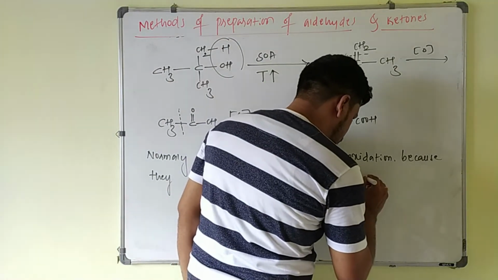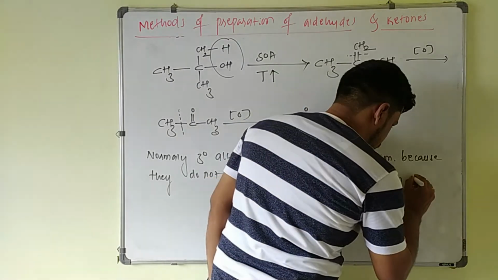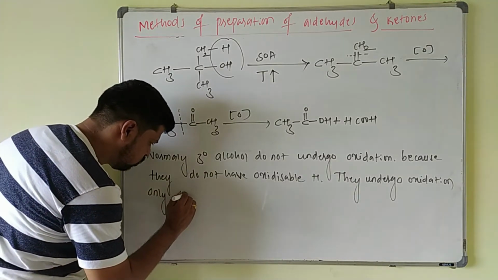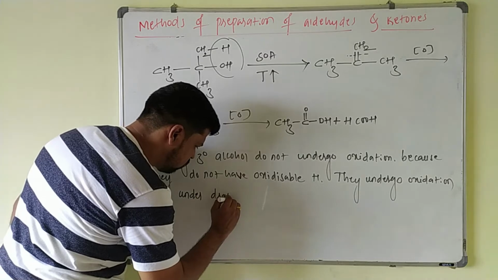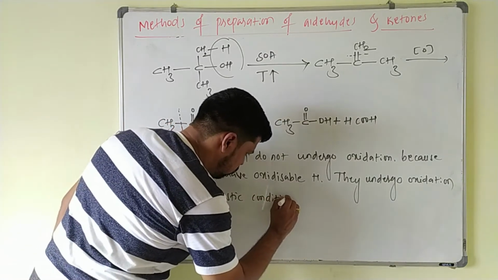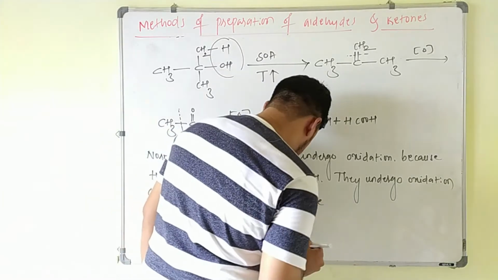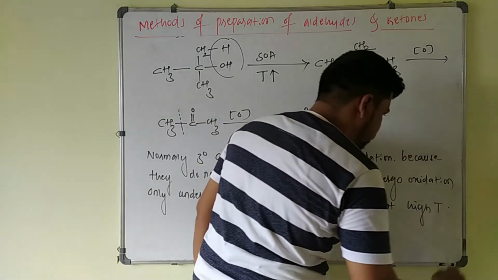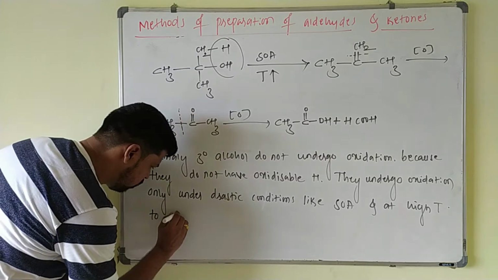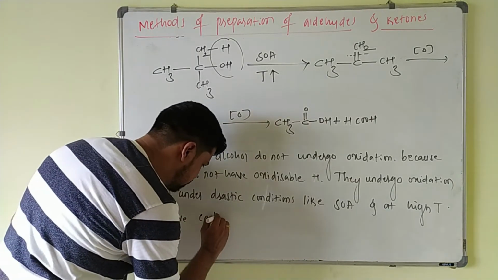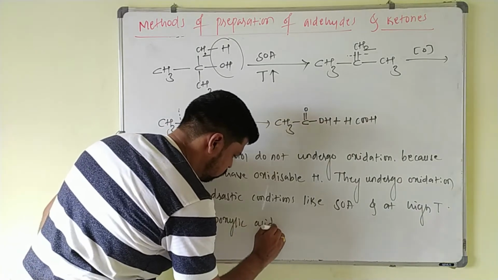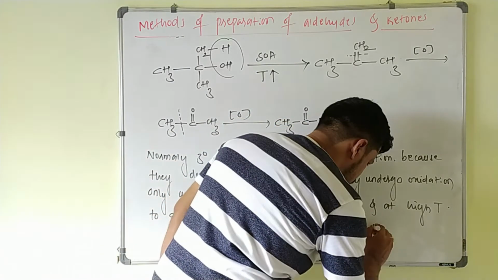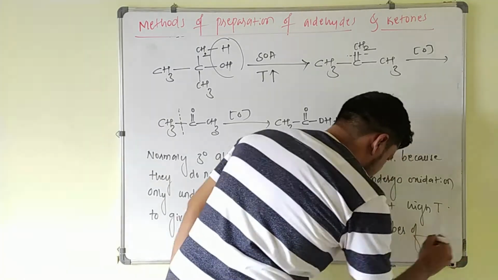They undergo oxidation only under drastic conditions like a strong oxidizing agent and at a high temperature to give carboxylic acids containing less number of carbon atoms.